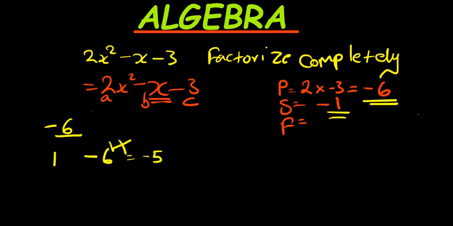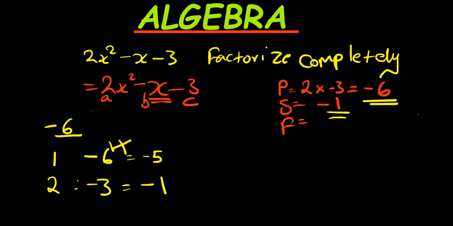Since we started from 1, you increase by 1, so you get 2. When you divide 2 into negative 6, it gives us negative 3. Now when I add or subtract, am I going to get negative 1 for the sum? When I say 2 minus 3, definitely it is negative 1.